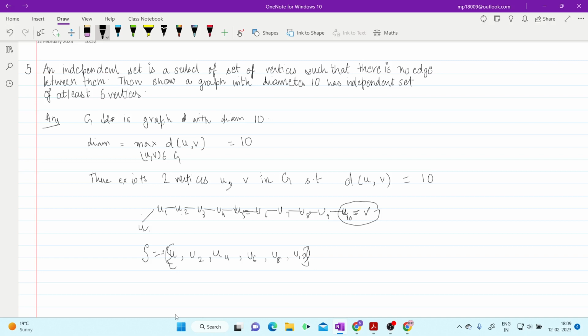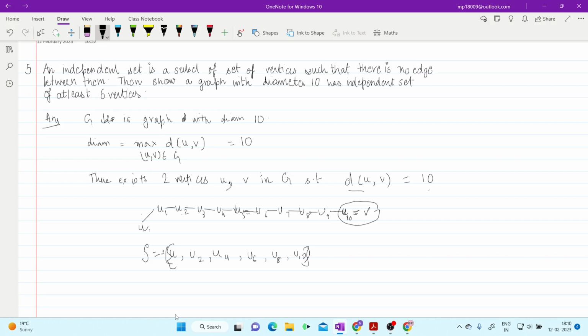Ma'am, if there is a path between u and u2, then the diameter will not be 10. Yes, the distance between u and v won't be 10. So we know that the shortest distance between u and v is 10.